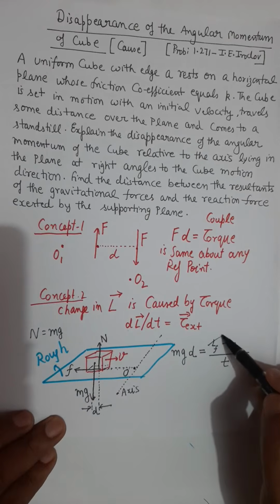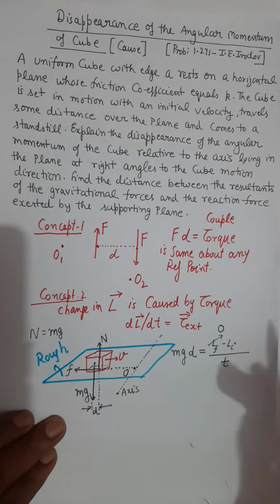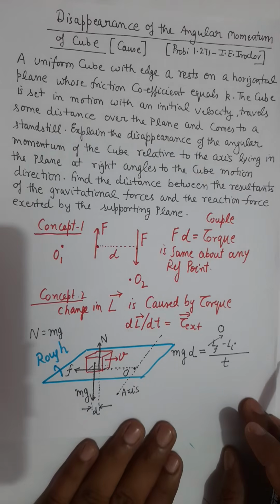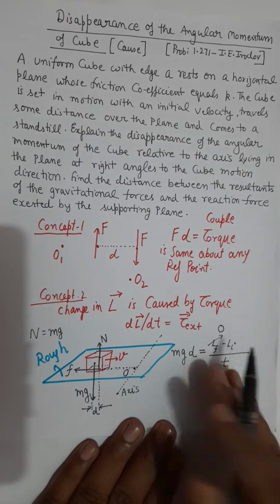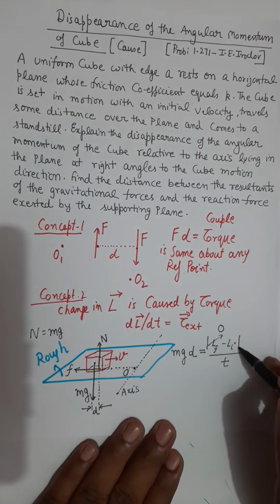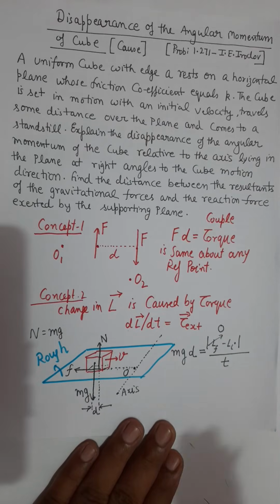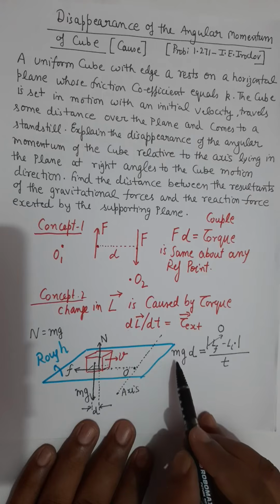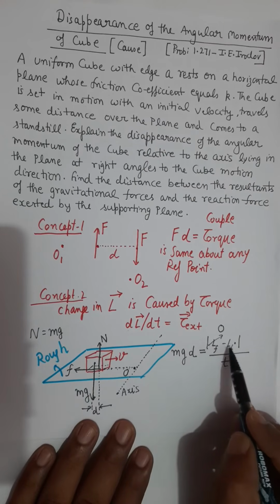But notice that the final angular momentum is 0, because the cube is going to stop. Since we are using it in scalar form, not vector form, I will just put the modulus. Now mg into d is mod of Lf minus Li, by t.